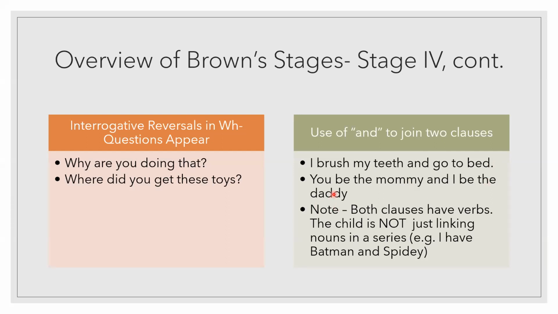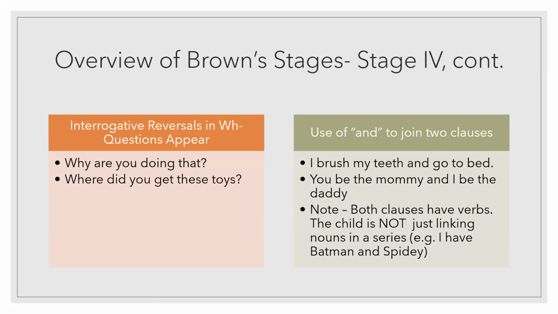So you be the mommy, and yesterday we went to the movies. That is not a coordinating conjunction. That is a conjunction starting a new utterance. So there you go. Not just linking nouns in a series, or not just starting a new thought with the word and.